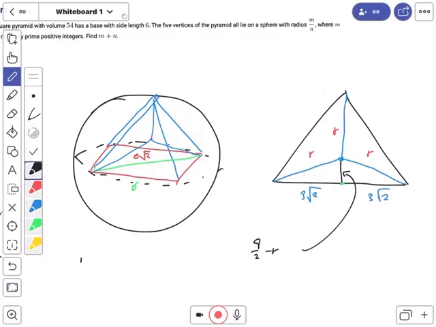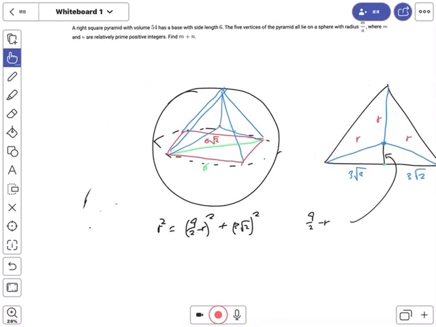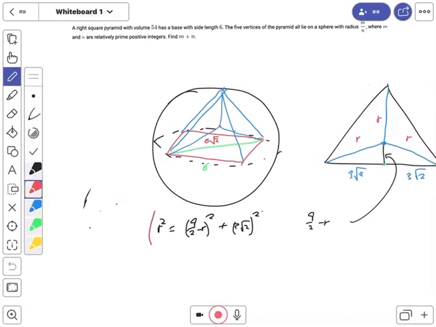So we're going to have r squared is equal to (9 over 2 minus r) squared plus (3 root 2) squared. Now to simplify our calculations, I'm going to multiply the entire thing by 4. So we're going to have 4r squared is equal to (9 minus 2r) squared plus 72.